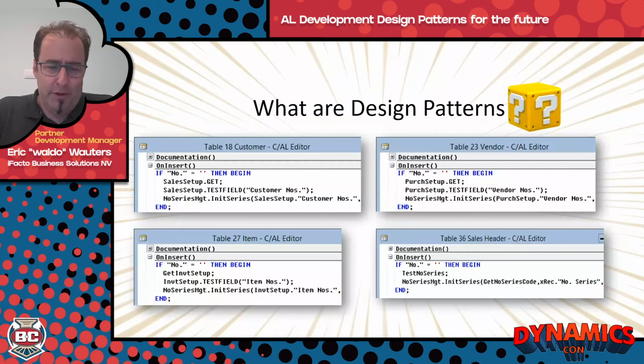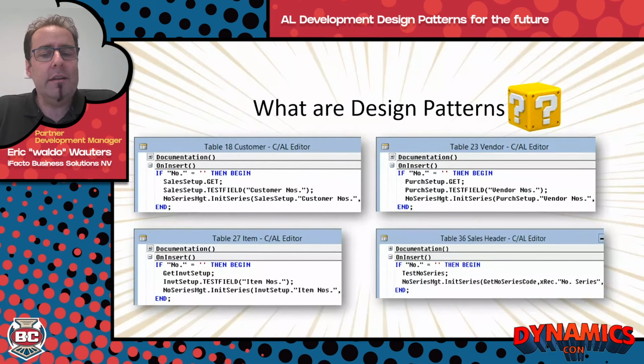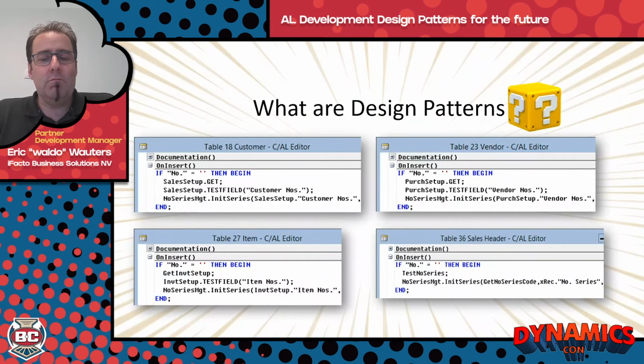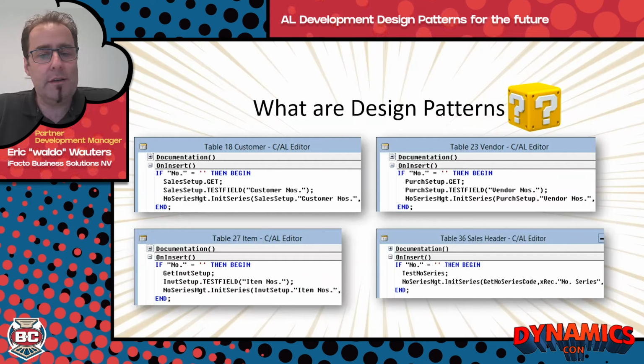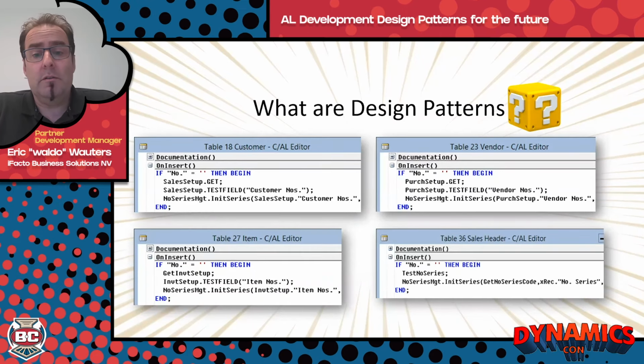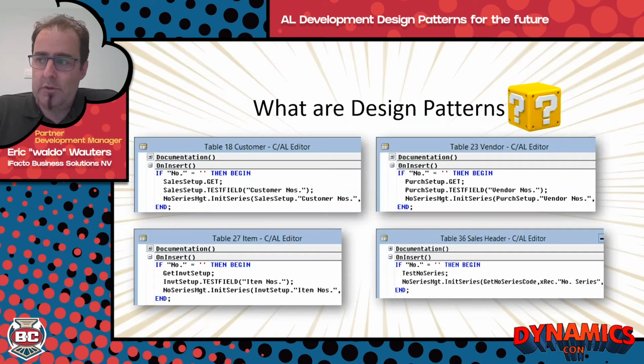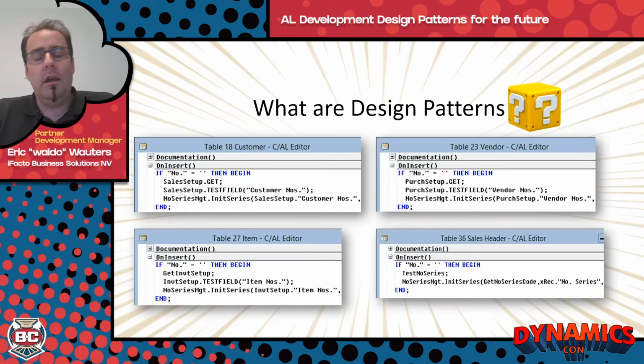That is the previous version, I know, but it indicates what we have been dealing with for a lot of years already. What you clearly see here is a pattern that implements the same thing in different entities. And the thing is a number series, right? Just one of the many, many patterns that are already in Business Central.